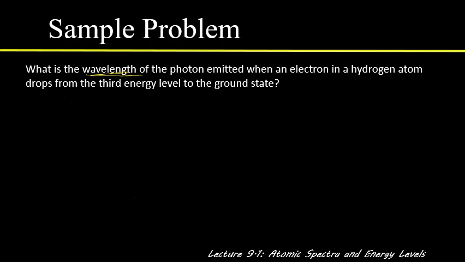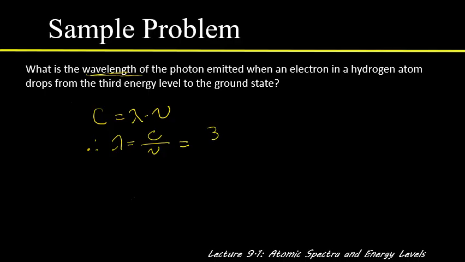All right. So we remember from our section on light that speed of light is wavelength times frequency, and therefore wavelength is speed of light divided by the frequency.